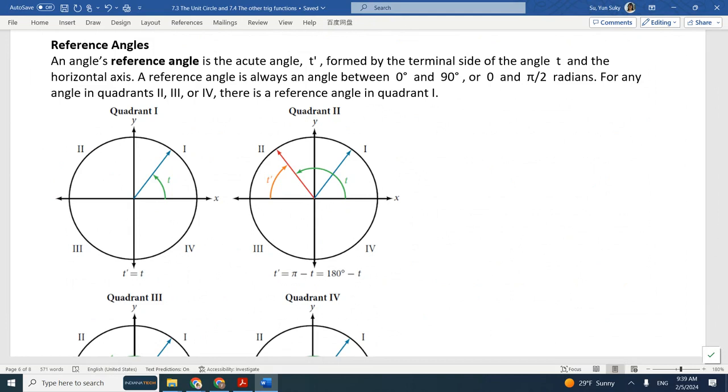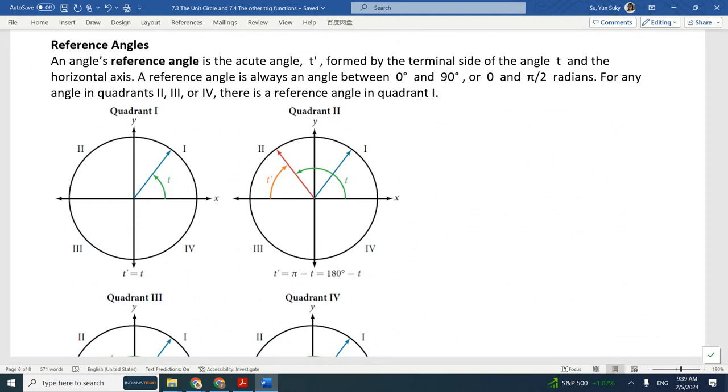So an angle's reference angle is an acute angle, so we put T prime, formed by the terminal side of the angle T and the horizontal axis. A reference angle is always an angle between 0 and 90 degrees, or 0 and pi over 2 radian.